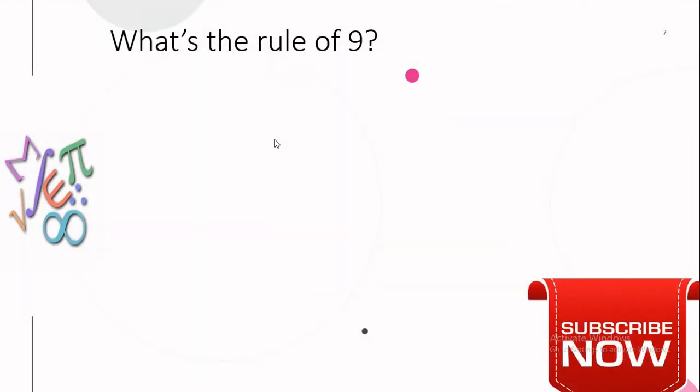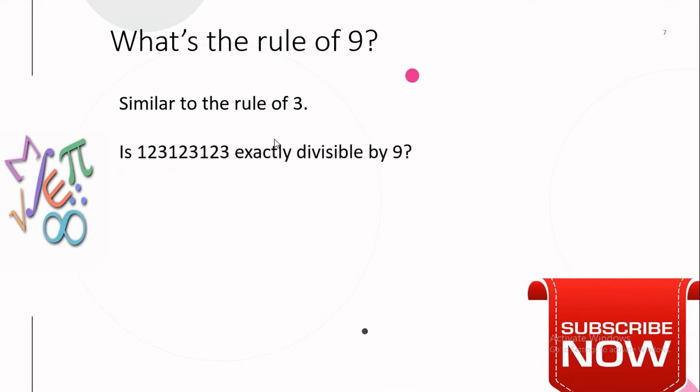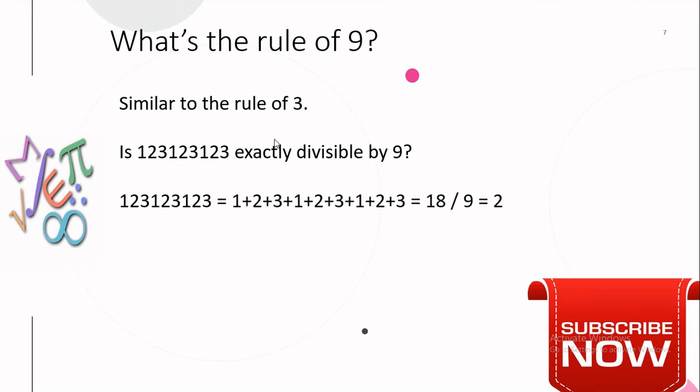What's the rule of 9? The rule of 9 is similar to the rule of 3. Remember the rule of 3? Here's a question: is 123123123 exactly divisible by 9? We have to sum up these digits all together: 1 plus 2 plus 3 plus 1 plus 2 plus 3 plus 1 plus 2 plus 3 is equal to 18, and 18 is divisible by 9. So the answer is yes, this number is exactly divisible by 9.